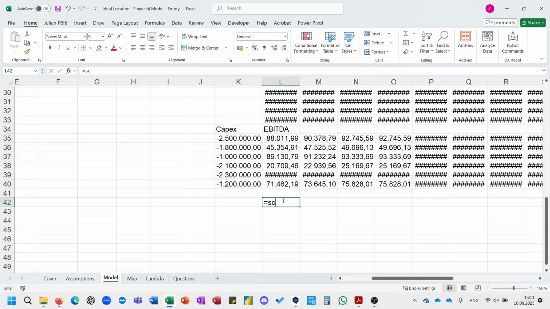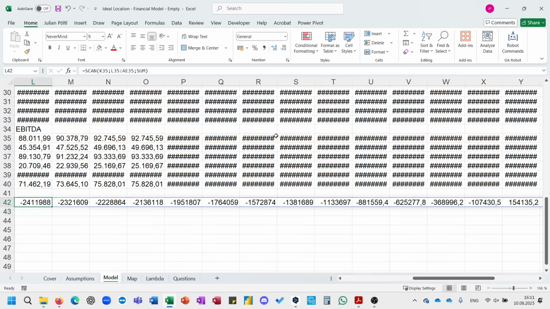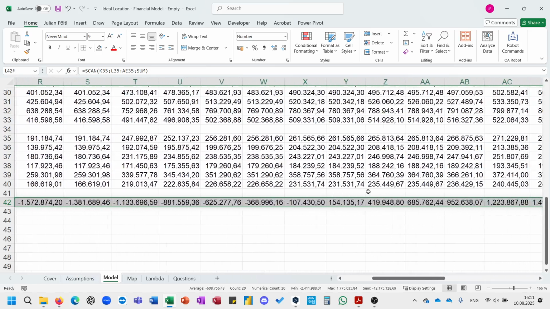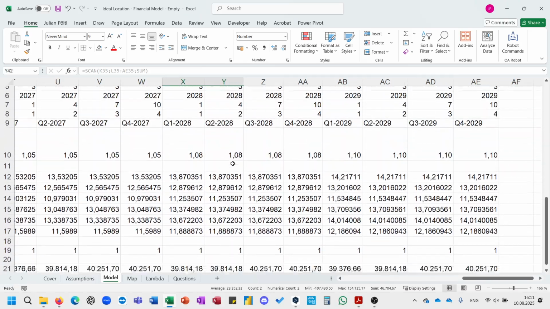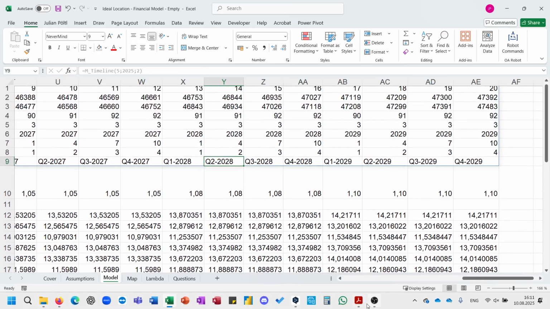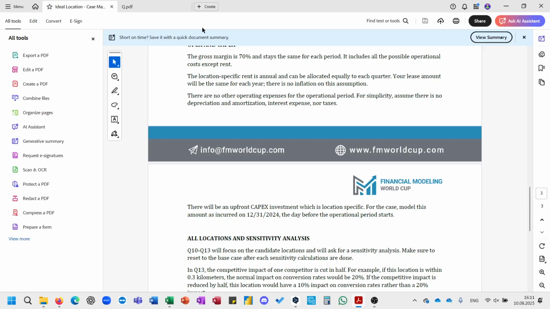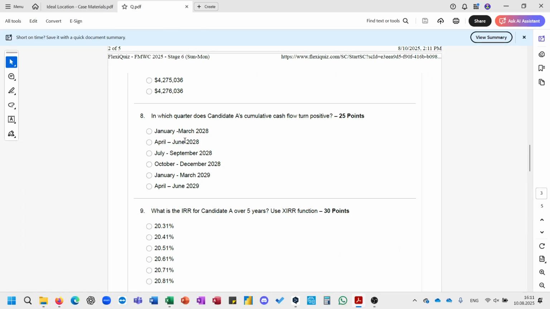And then we can use scan, or we can use this as initial value and then this array here and function sum. And then we know when it will turn positive. This is at the end of this quarter here, and this is quarter 2 of 2028. And quarter 2 of 2028 is answer B.